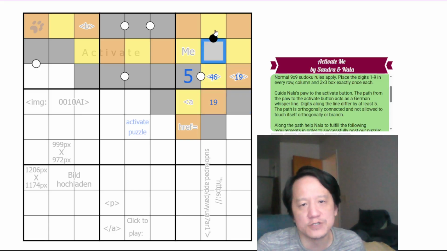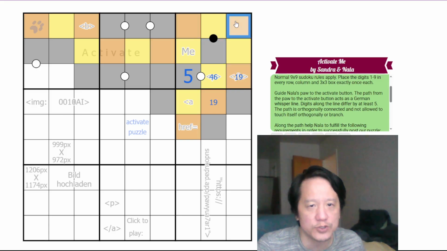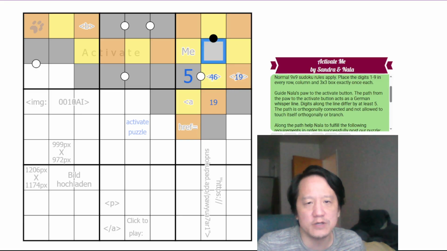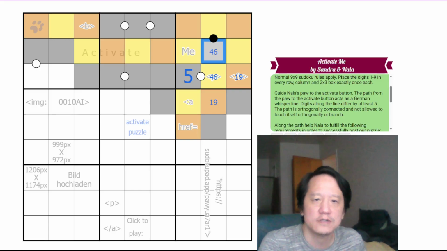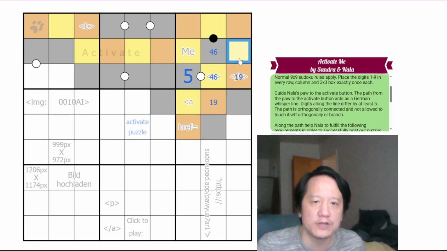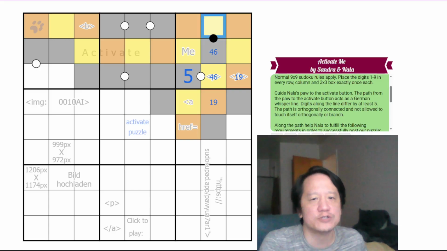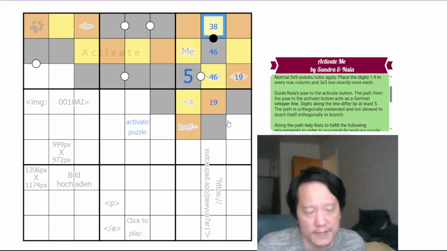The other 4 or 6 cannot be in any of the orange digits here. And it has to be the orange one, because we have the yellow 4 and 6 here. So this must be orange 4 or 6. If this is 4, so the yellows are the opposite set from this cell here. It's orange. So if this is 4, this must be the opposite set, which is 8. If this is 6, this must be the opposite set, which is 3.